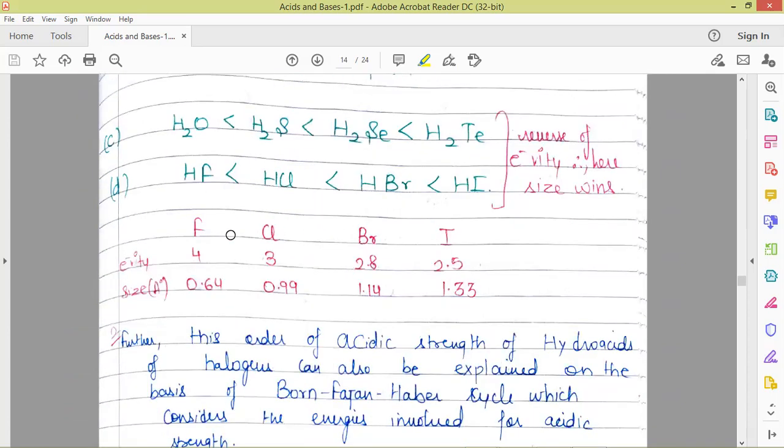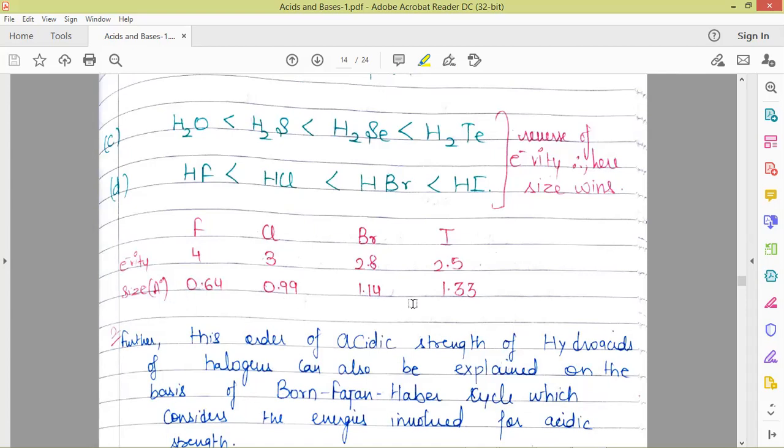Further, we can also explain here for group 17, for fluorine, bromine, and iodine, electronegativity values are written and size values are also written. Size is in angstrom, and this is the electronegativity scale. If we compare the electronegativity of fluorine and iodine, the decrease in electronegativity is not much.